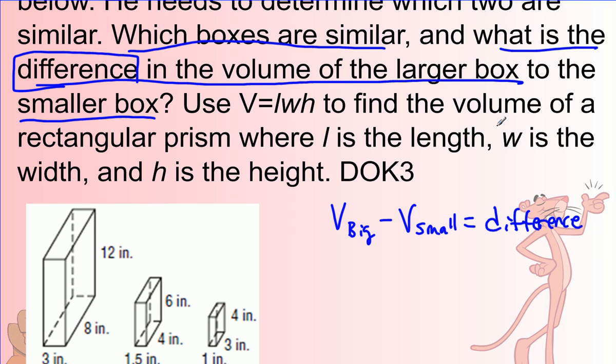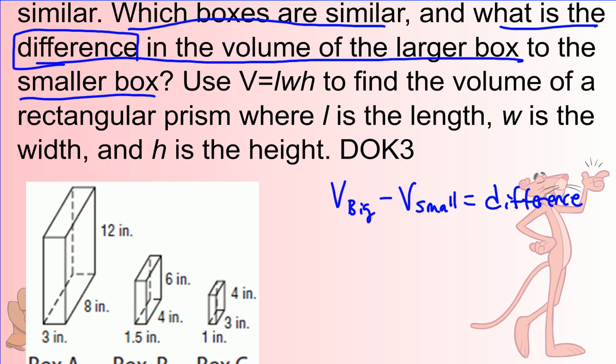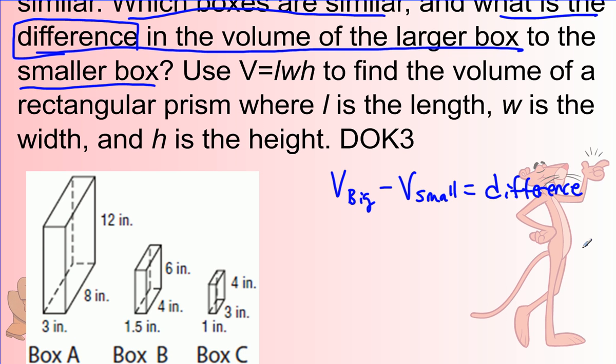That means that after I find which 2 are similar, I have to go through and find their volumes. And luckily for us, it gives us a volume formula. Use volume equals length times width times height to find the volume of the rectangular prism, where L is the length, W is the width, and H is the height. So the first step of this process, to me, would be find which 2 are similar, then I find their volumes, then I subtract their volumes, and I get my answers.